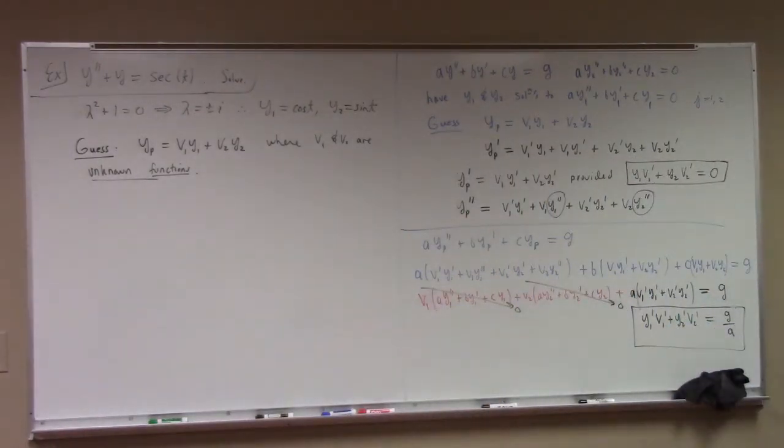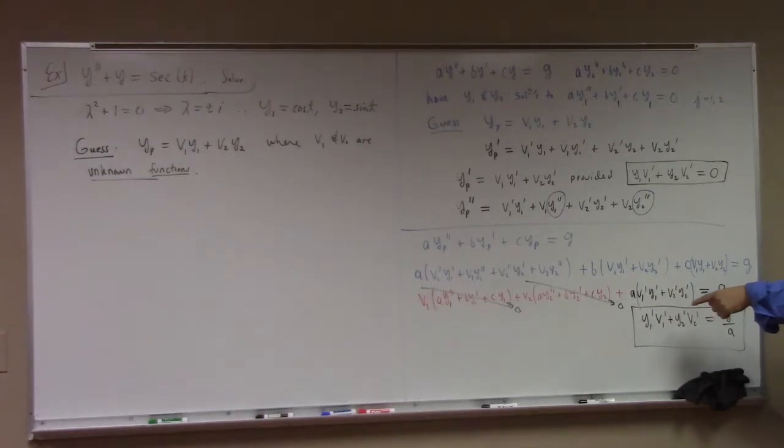Yeah. So look at what we got. We've got Y1 V1 prime plus Y2 V2 prime equals 0. And this one gives me Y1 prime V1 prime plus Y2 prime V2 prime equal to, well, excuse me, G over A. We are assuming A is non-zero here, all right? Although A could be a function.